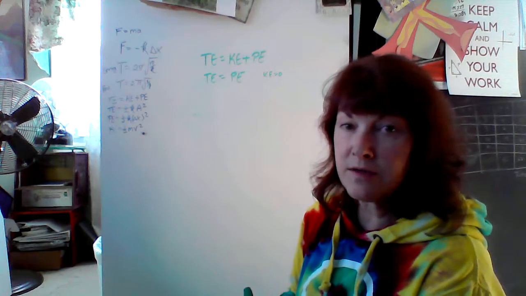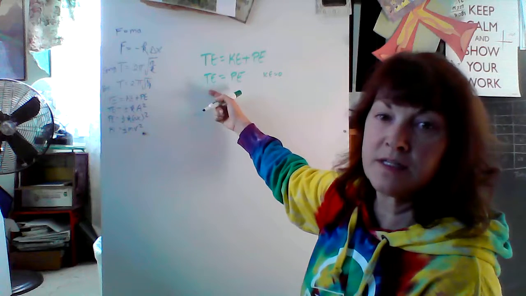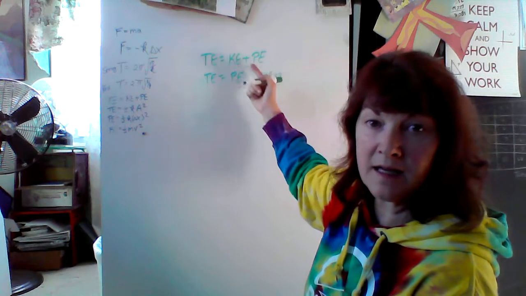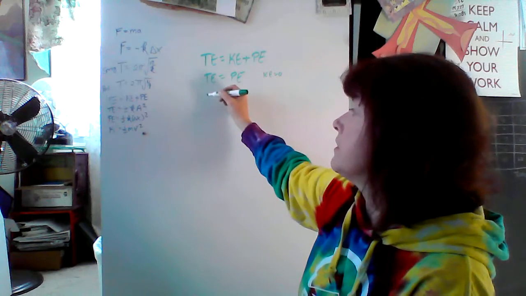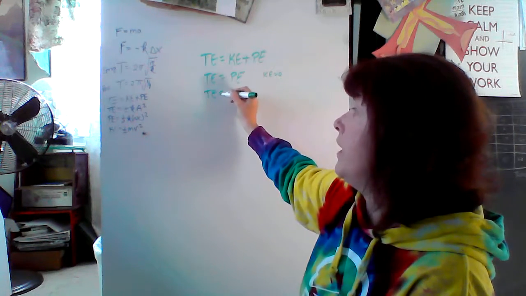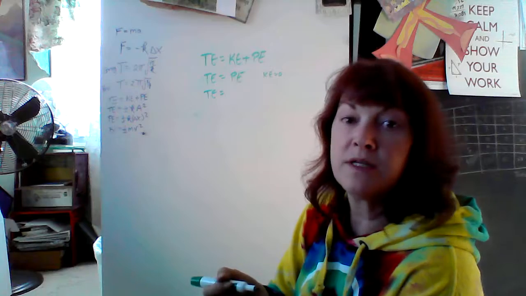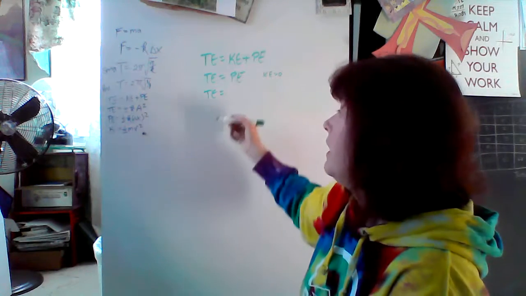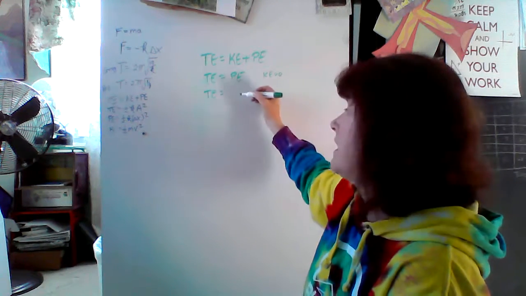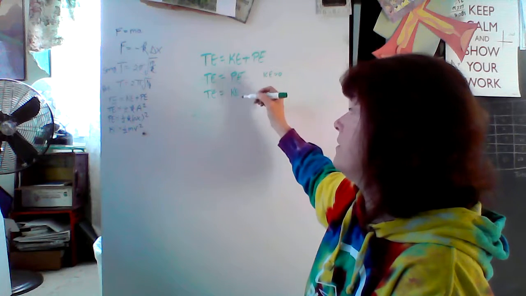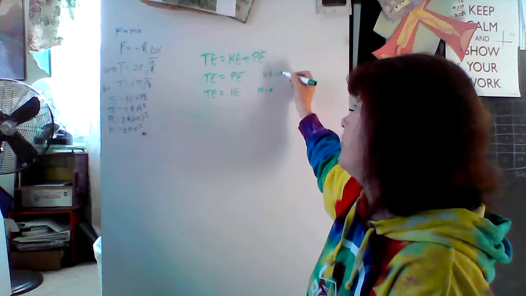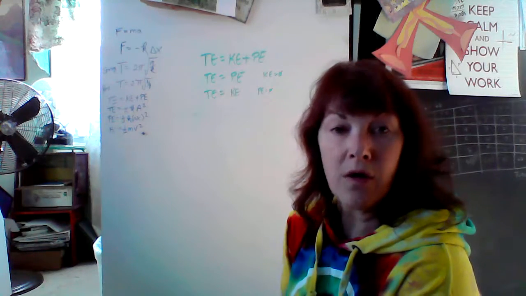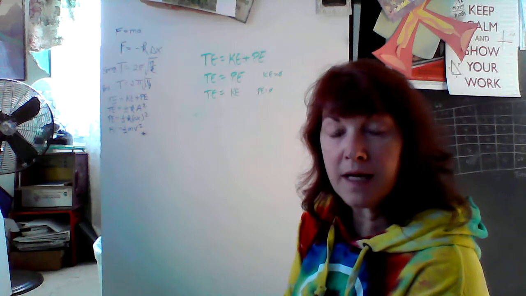And so we also know the total energy is still equal to potential plus kinetic, but in this instance, our kinetic energy is zero. We also know that when the mass is in motion and has reached its peak velocity, all the total energy has then been converted to kinetic energy. There is no stored energy left. So our potential energy at that point is zero.